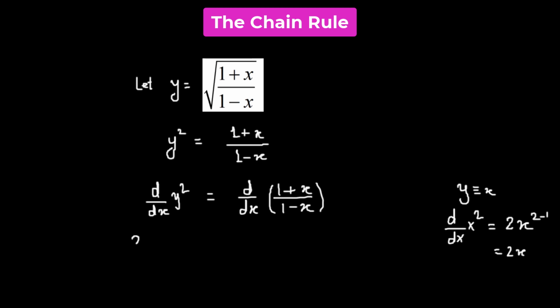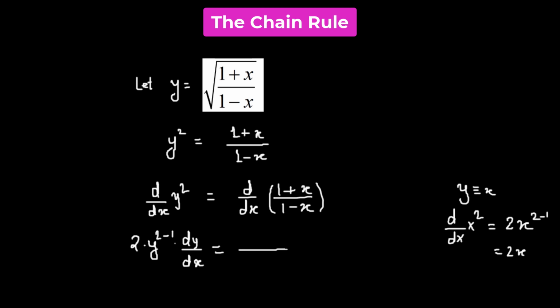So that means we will have 2 times y raised to the power of 2 minus 1. Now since y is not actually x, that's only an assumption, we have to multiply it by the derivative of y with respect to x.